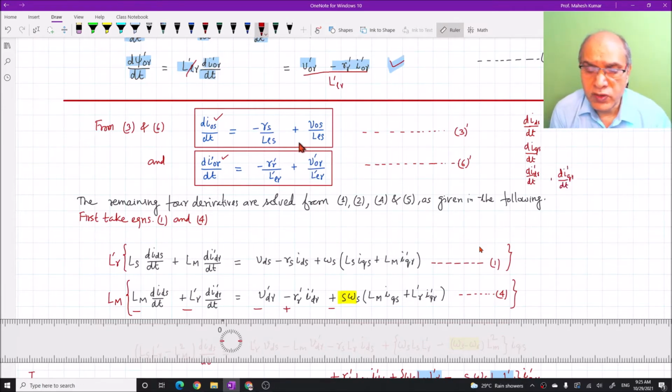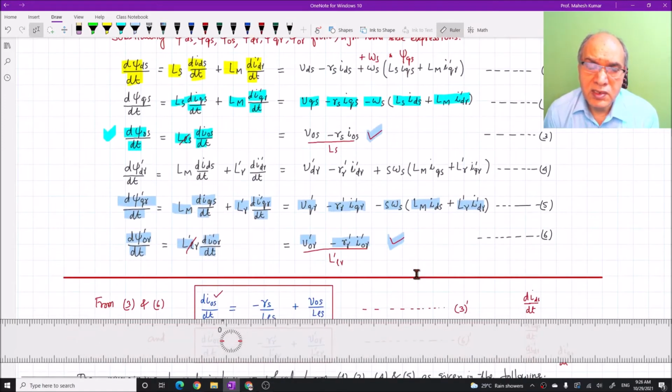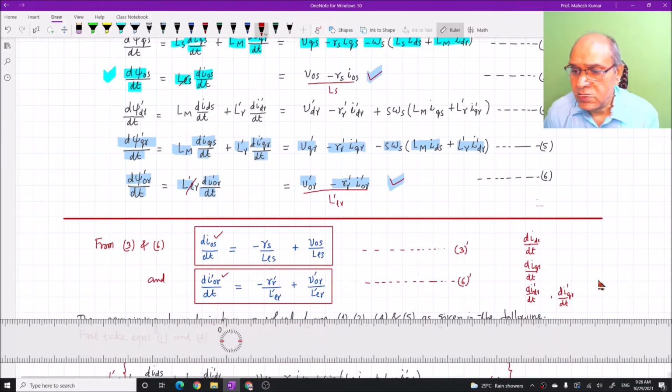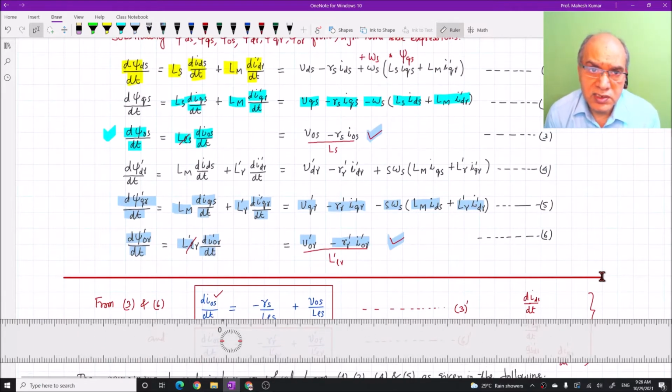So 4 plus 2 becomes 6 derivatives. Now you can see these equations and tell me that to solve for these 4 quantities, I need to have 4 equations. And obviously there are 4 equations which can be used to solve for these quantities.